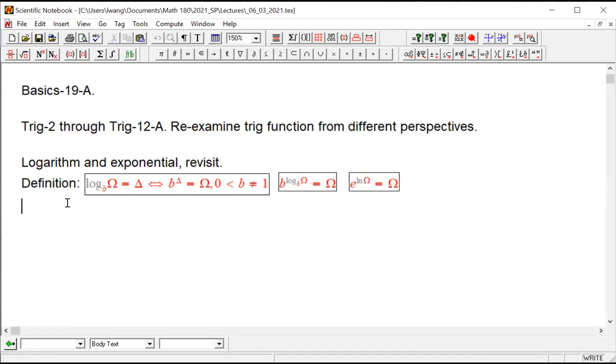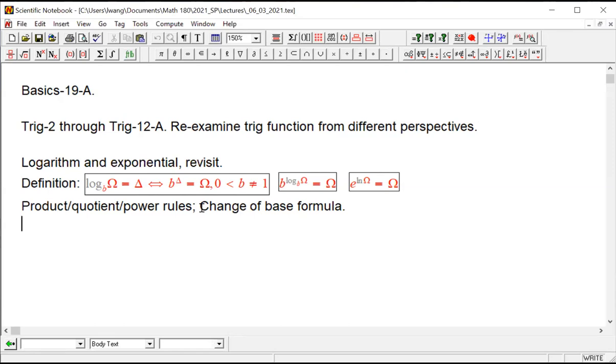Product rule, quotient rule, power rule, right? All these rules, and the change of base formula. That's all you have.